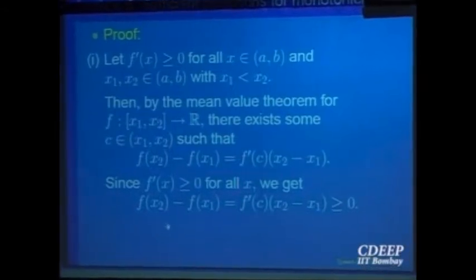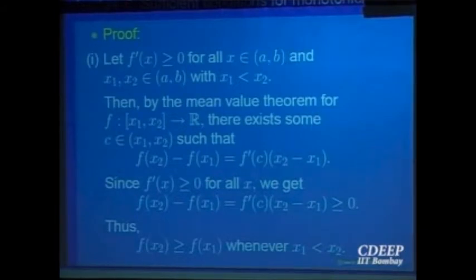So that says that the function is increasing. So a straightforward simple application of Lagrange's mean value theorem, because that theorem relates the difference of the values at the endpoints with the derivative at a point in between. So that is the first part of the theorem, saying that if the derivative is bigger than or equal to 0, then the function is monotonically increasing.